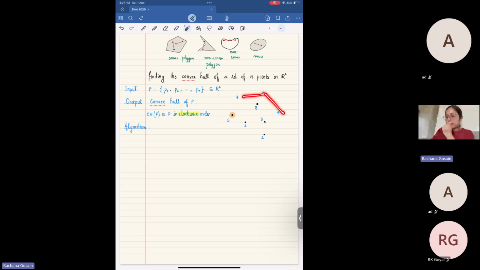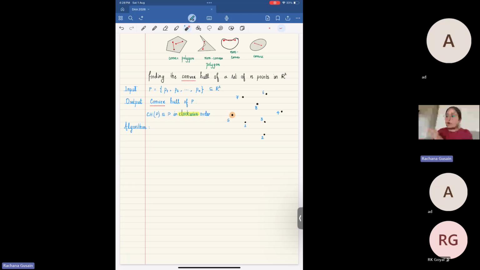And you continue that way. Standing at 6, looking at the remaining points, find the next leftmost point. It's going to be 4. Then at 4, find the next leftmost point, 2. When you are standing at 2, looking at the remaining set of points, the next leftmost point is going to be 5. But that was the point you started with, and there the algorithm will terminate.